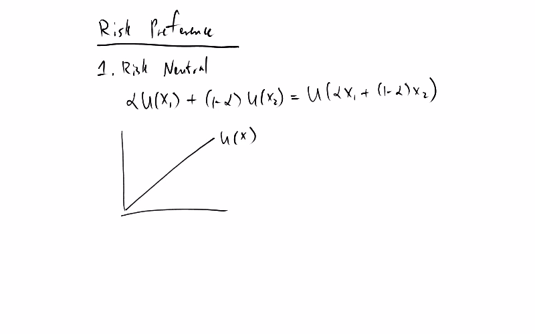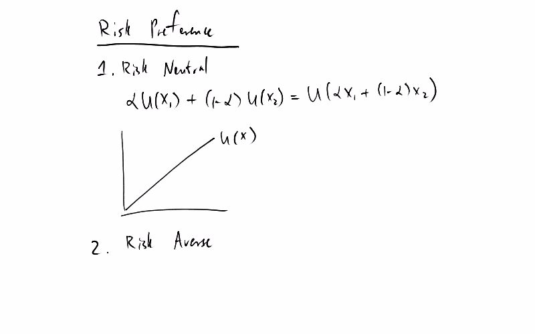Second, you have risk averse. Risk averse means that you prefer a stable outcome over a risky outcome with equivalent average value.